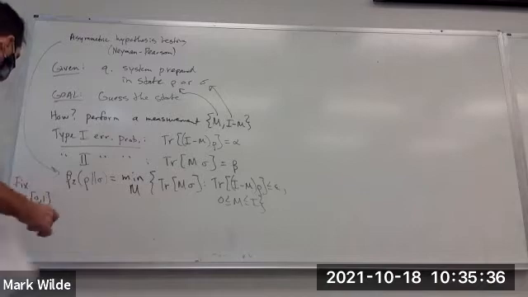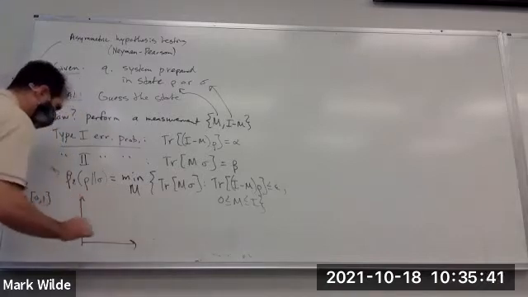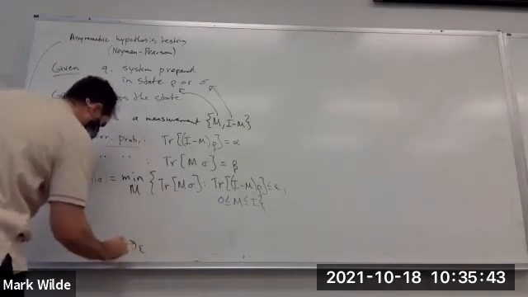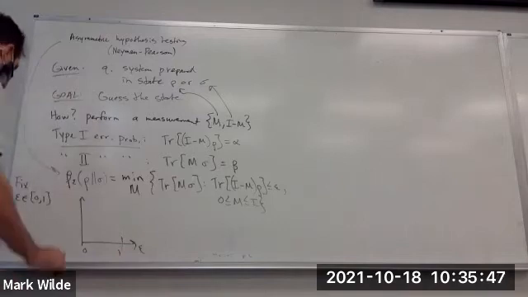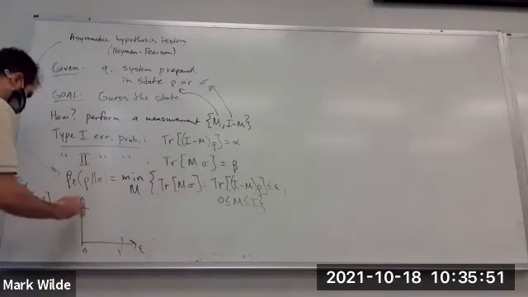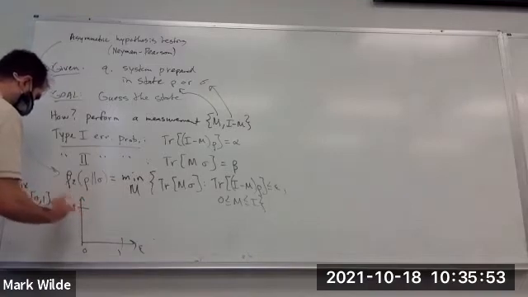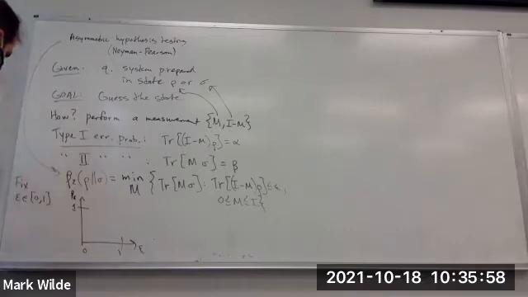You can think that there's this kind of trade-off curve. Here's epsilon between 0 and 1, and this also goes from 0 to 1. So here's beta of epsilon.